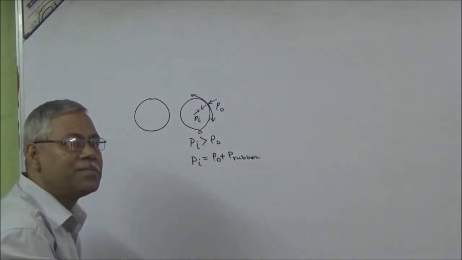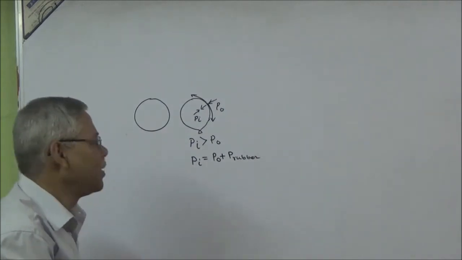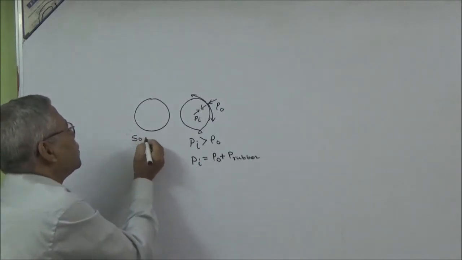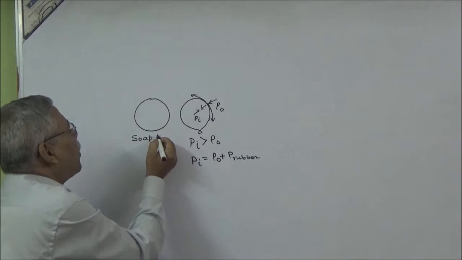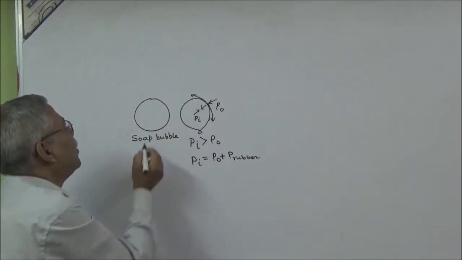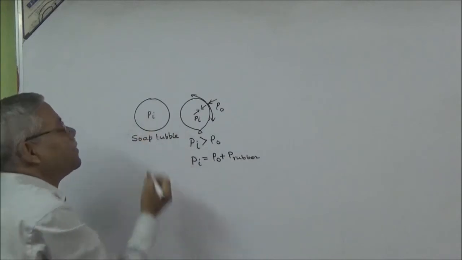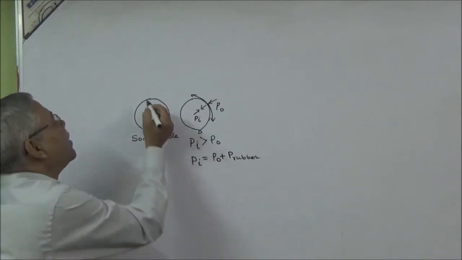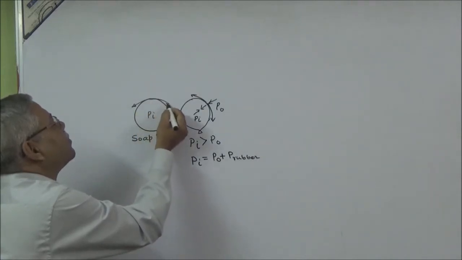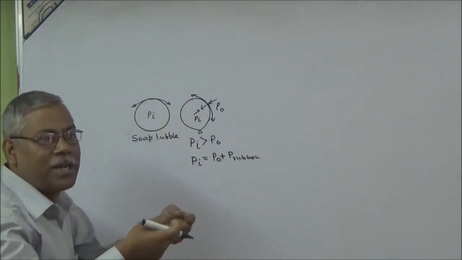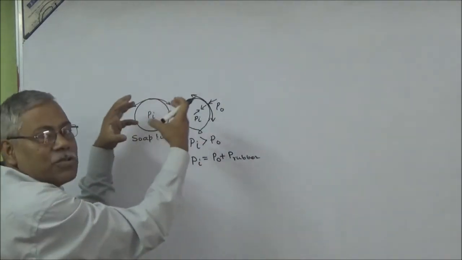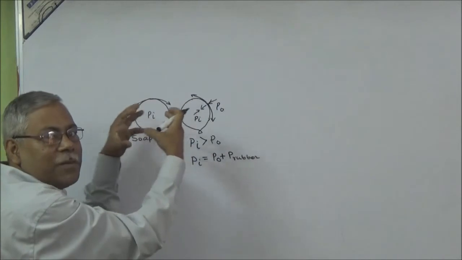Is it okay? Have you understood this or not? So similarly in this case, this is a soap film, a soap bubble. Inside pressure is Pi. This is the surface. This surface is always under tension. It is also trying to reduce the volume, to reduce the surface area.